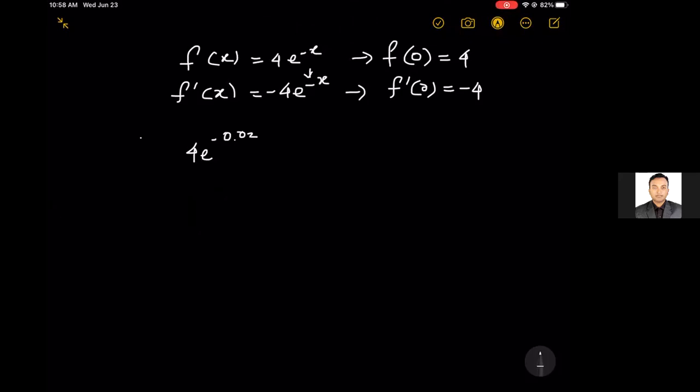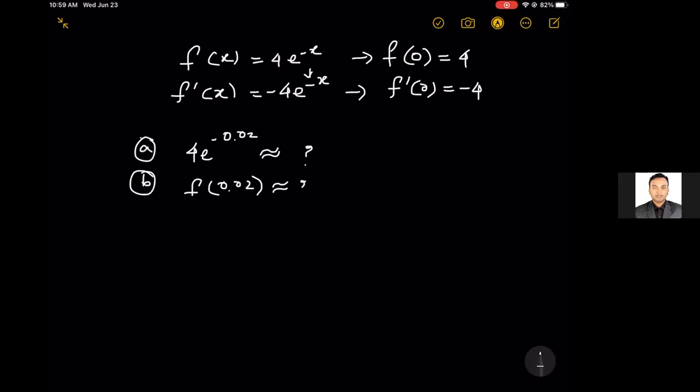Can you approximate this value for me? Or another question might say, hey, can you find this for me? Can you approximate this for me?